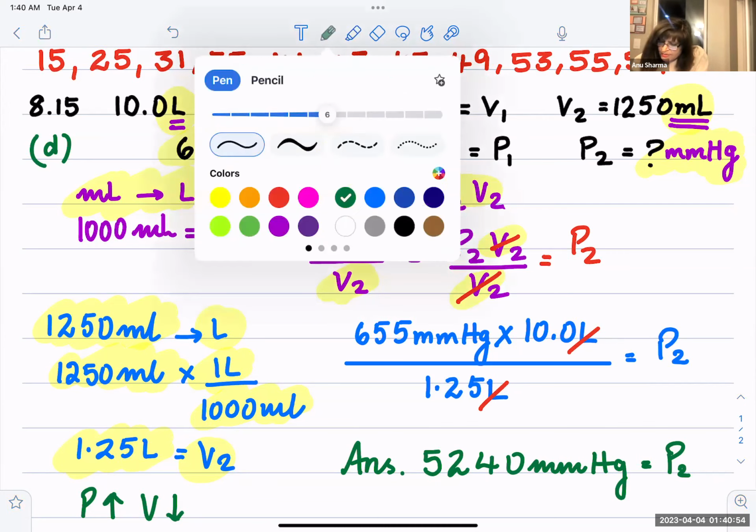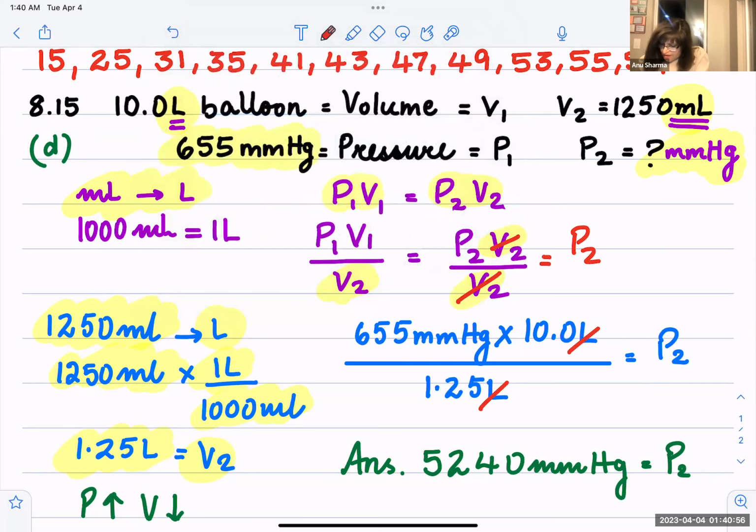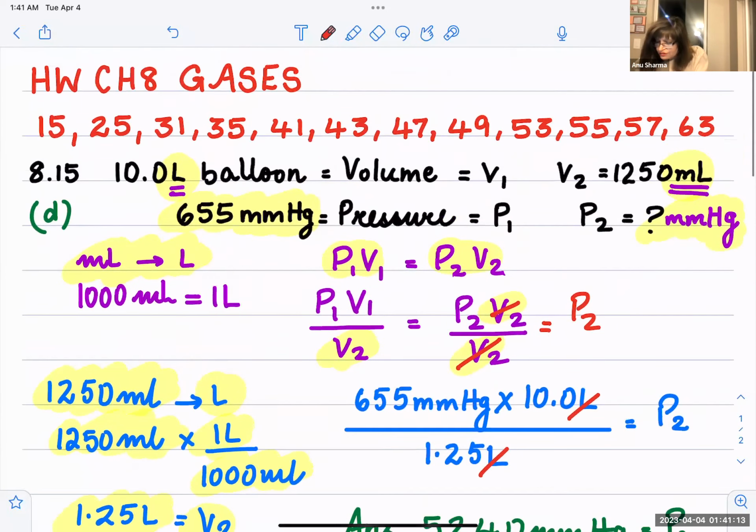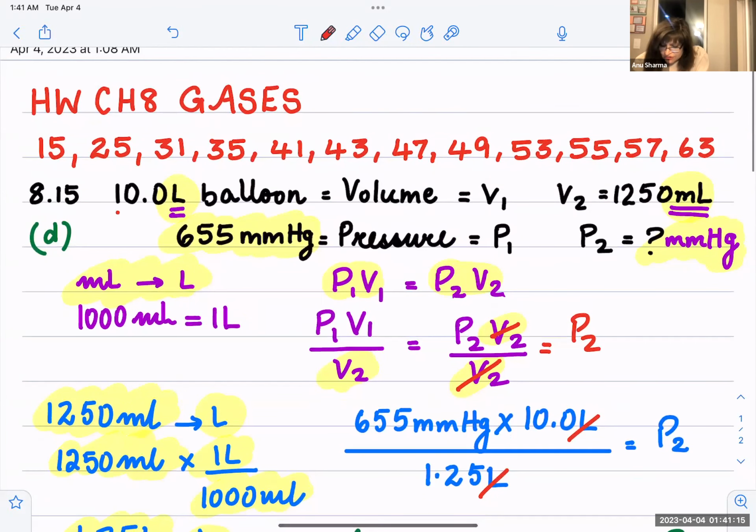Now here, remember that, just to double check your answer, pressure and volume are inversely related. In other words, when pressure goes up, the volume goes down. And when the pressure goes down, the volume goes up. So it's an inverse relationship. Now here you see that at 10 liters, you had 655 millimeters of mercury.